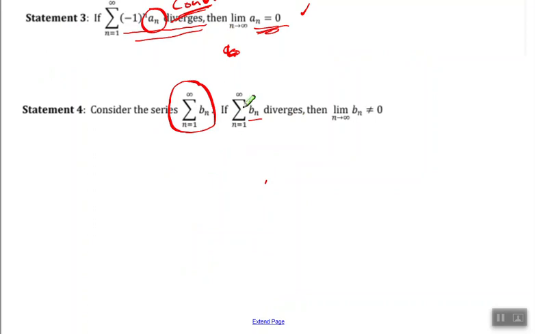Let's think about our harmonic series. So we know that that diverges, and this is not even an alternating series, right? So how do we change that one? If it diverges, then we actually know nothing about that limit, right?